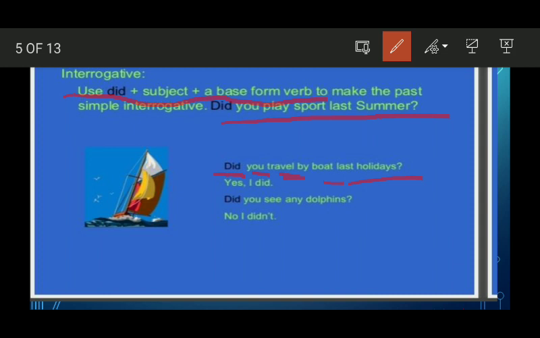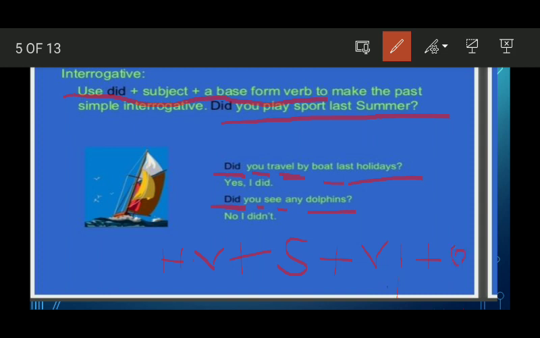Okay. Next example, did, once again here is the helping verb at the start of the sentence, then subject, then verb, then other words. HV means helping verb, did. After that we write subject, S for subject, and then base form of the verb, we can write it V1, meaning first form of the verb, and lastly other words.